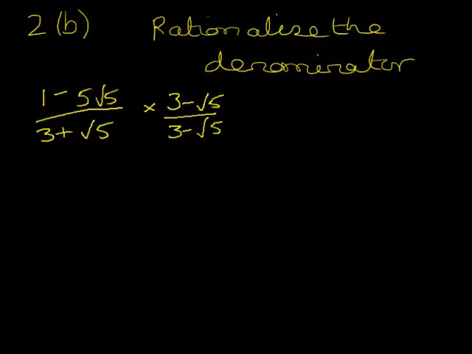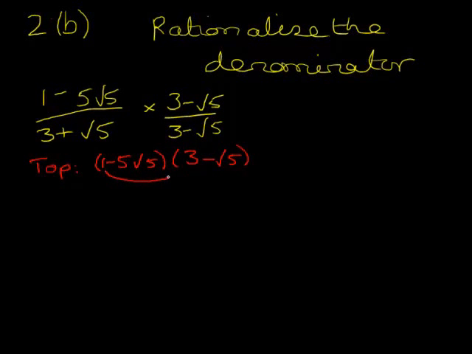Two things to sort out here. We have to sort out the top and the bottom, do them separately. So for the top, let's put our expressions into brackets and multiply them out in the same way that we do quadratic expressions. Multiply each term in the first bracket by each term in the second bracket.